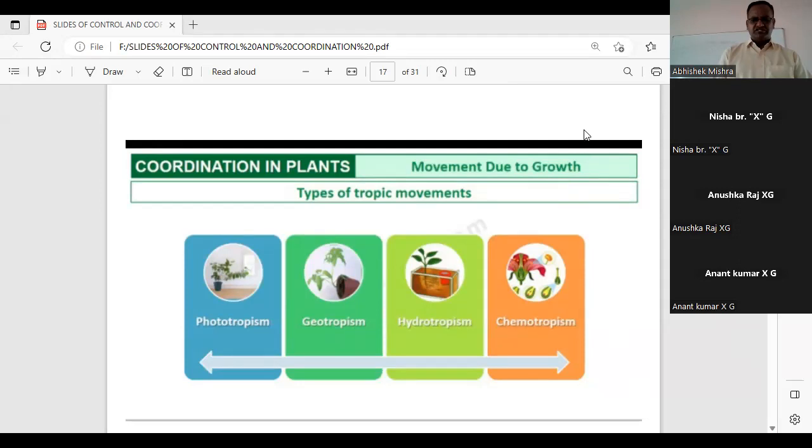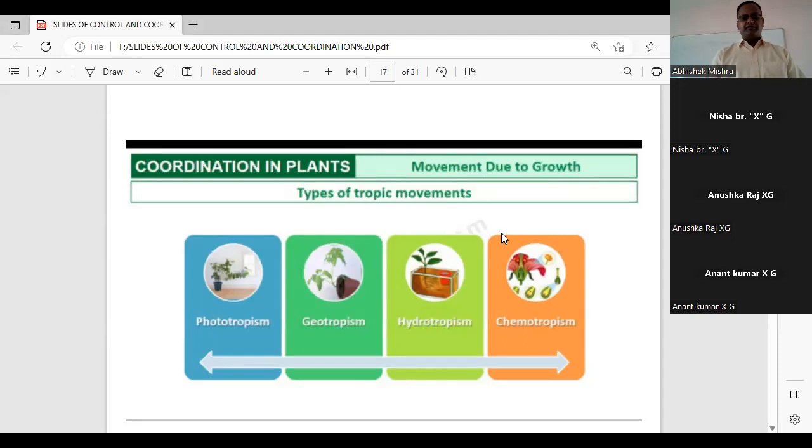Yes, go ahead, Anant. Correct. Observe that the leaves of the plant are growing towards the sunlight coming from the window. Okay, bending towards it is correct. Very good.